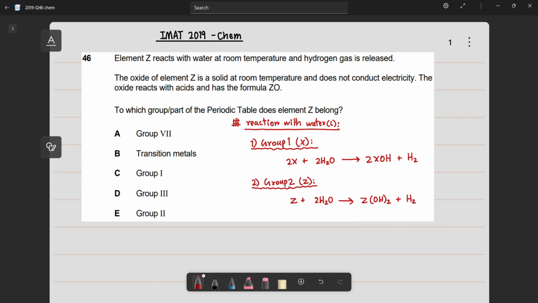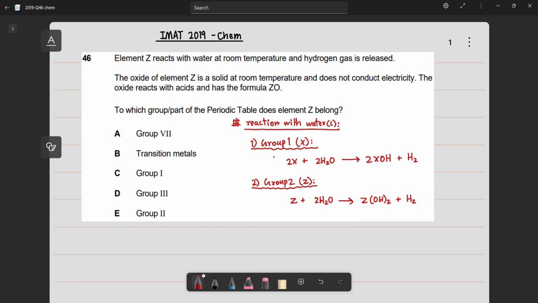So this is the general chemical equation for the group 1 and 2 alkaline metals reacting with water at room temperature, where the water is liquid. So this is the general formula.